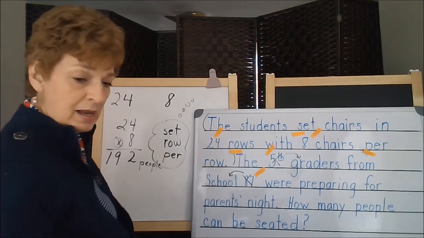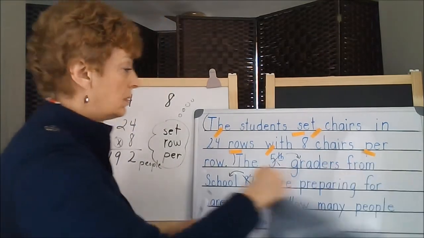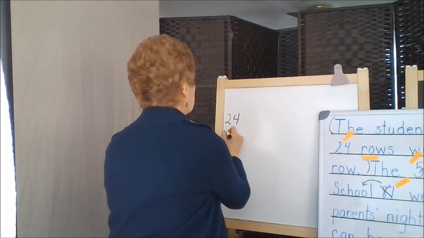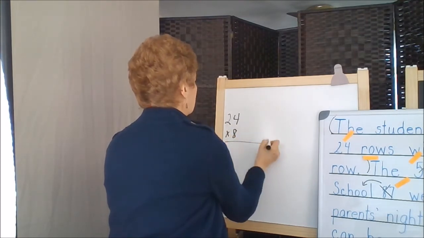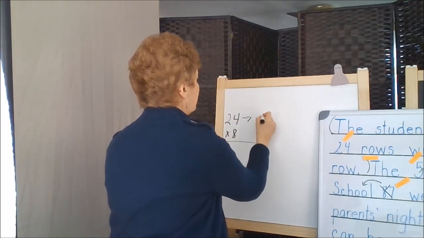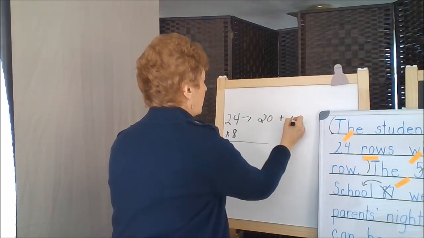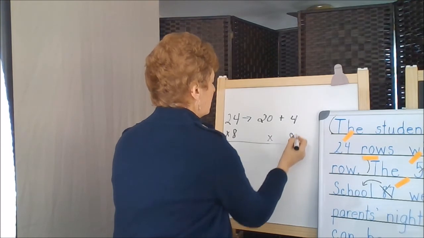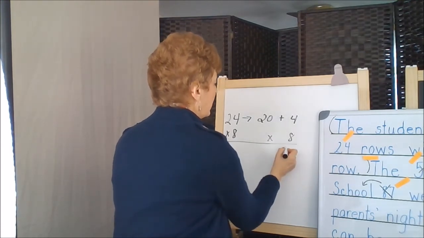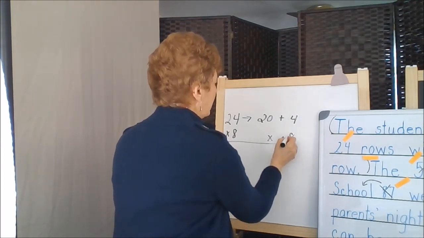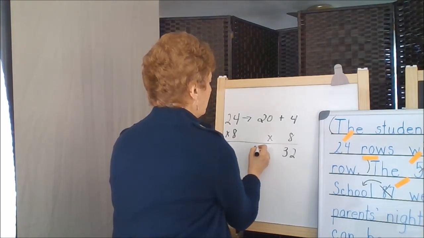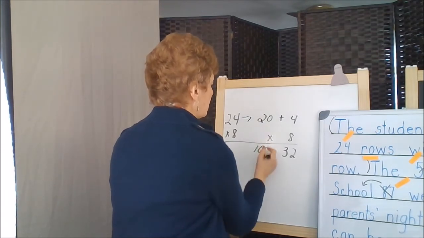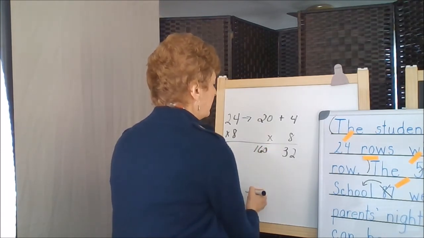Your child may actually do the multiplication a little bit differently. 24 times 8 could be broken down into 20 plus 4 and multiplied by the 8. So we would have 8 times 4 is 32, and 8 times 20 would be 160, because 8 times 2 is 16, and then we're going to put the 0 on the end of it because we're in the hundreds column.